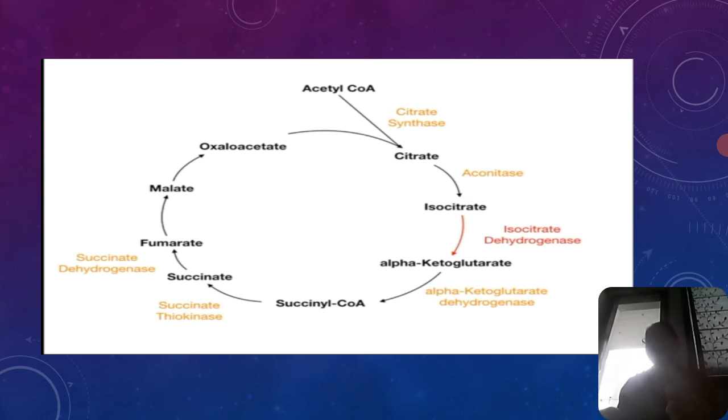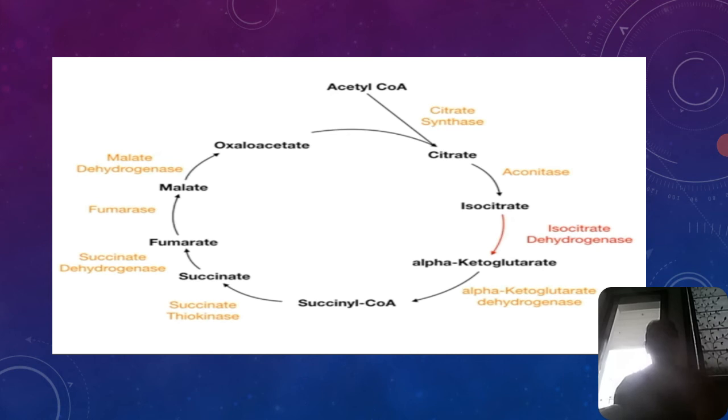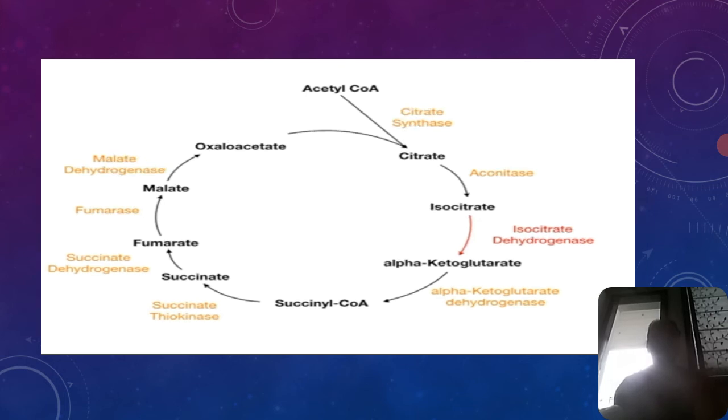This enzyme is a flavoprotein which reduces FAD to FADH2. The fumaric acid is then converted into malic acid by the enzyme fumarase by utilizing a molecule of water. Okay, then this fumarate is converted into malate. See here. So here malate into oxaloacetate, there is the action of malate dehydrogenase.